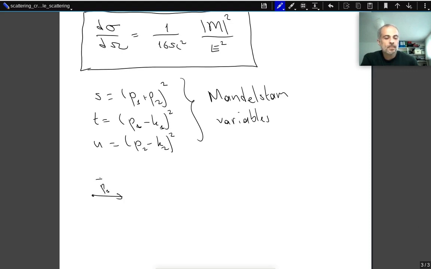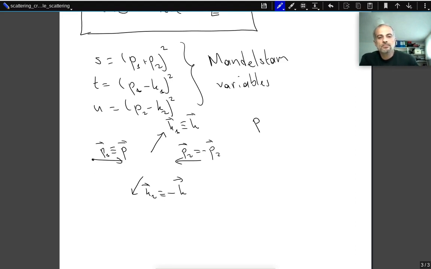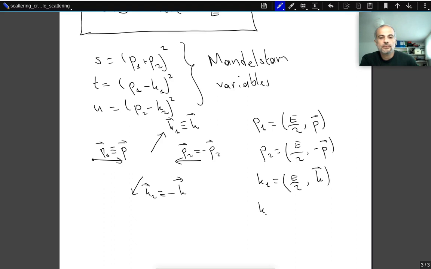So this is P1, which is P. This is P2, which is minus P. After the collision, this is K1, which we called K, and this is K2, which we called minus K. So the 4 vector P1 is E over 2, this is E1, and the 3 vector P. P2 is E over 2, and the 3 vector minus P. K1 is E over 2, K, and K2 is E over 2, minus K.